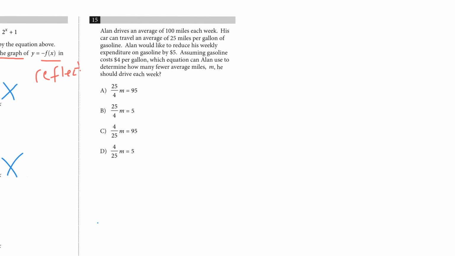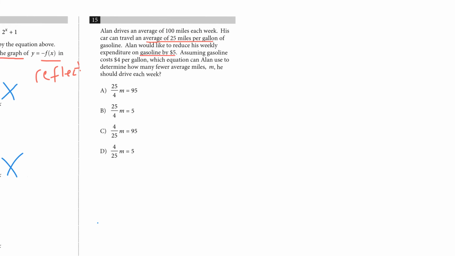Okay, number 15, Alan drives an average of 100 miles each week. And his car can travel an average of 25 miles per gallon. Alan would also like to reduce his weekly expenditure on gasoline by $5.